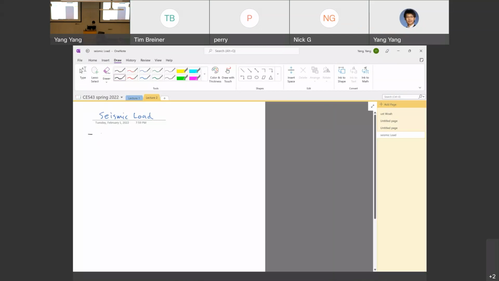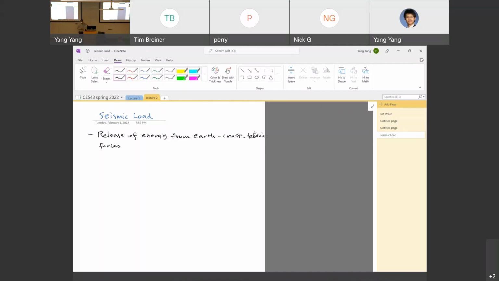There is a lot of interaction between different parts of the Earth.